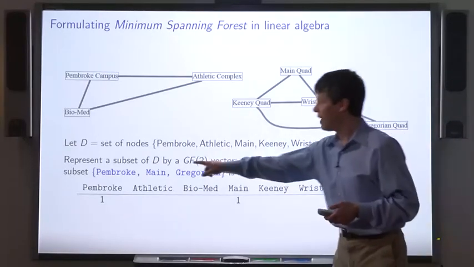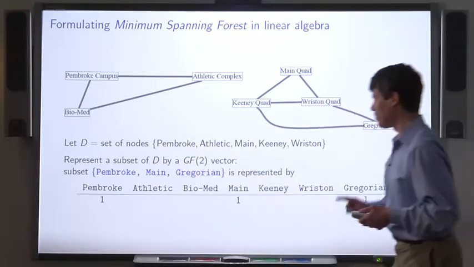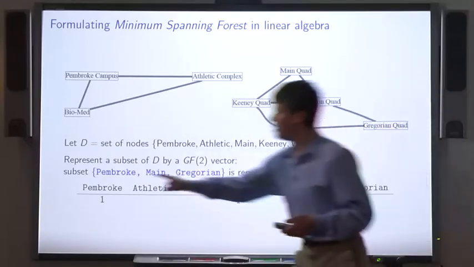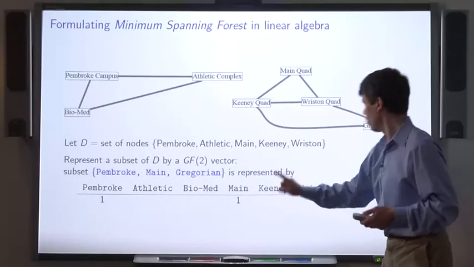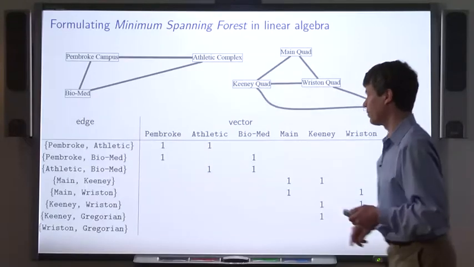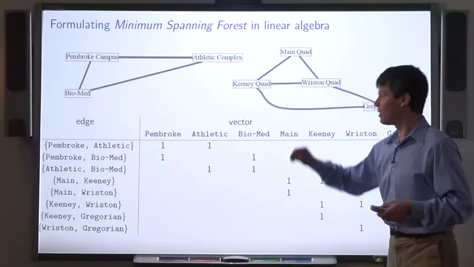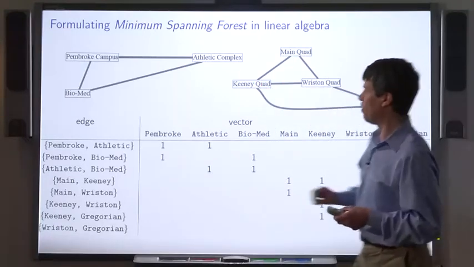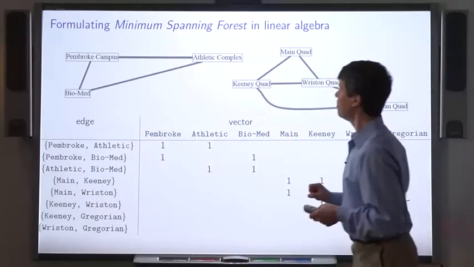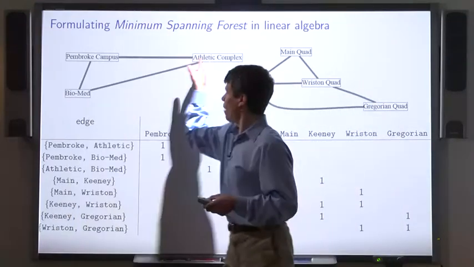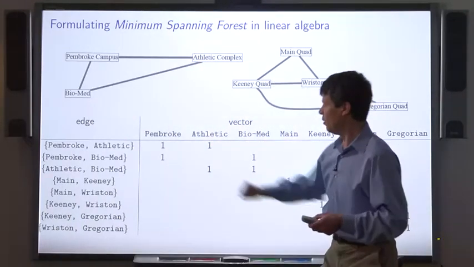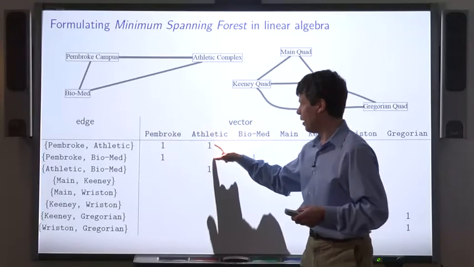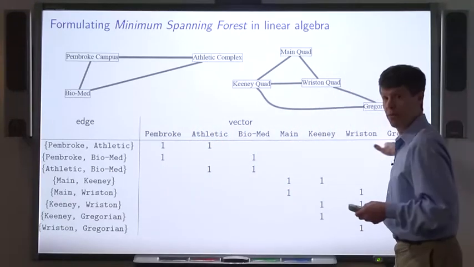So the set Pembroke, Main, and Gregorian is represented by this vector, which has 1s precisely in the positions Pembroke, Main, and Gregorian. So here's the representation of all the edges in this graph. For example, the edge between Pembroke and Athletic is represented by this vector that has a 1 in Pembroke and a 1 in Athletic, and the rest are zeros.